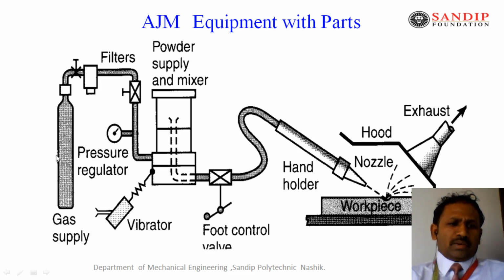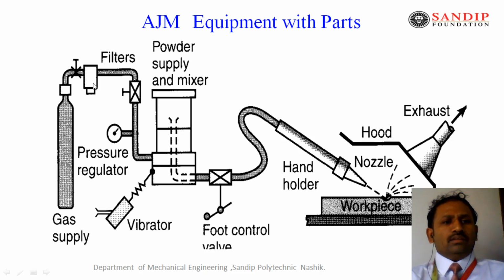So the gas supply is a cylinder that stores argon gas, nitrogen gas, or compressed air. For this gas, a valve is provided. Whenever it is required, it is opened; otherwise it is normally switched off. Then filters are required. Why are filters required?